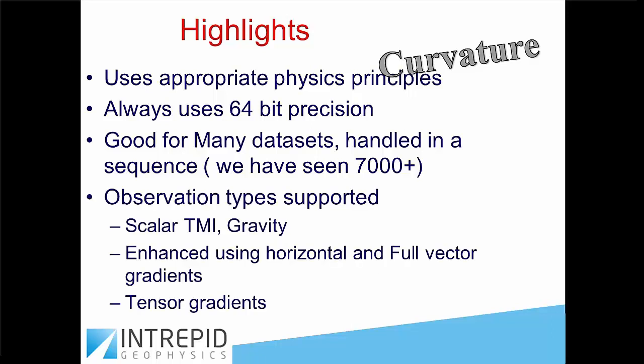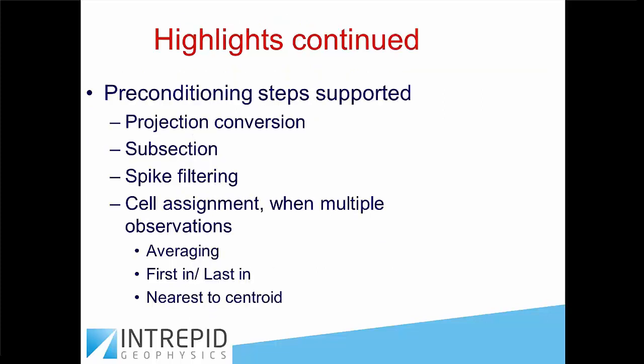The types of observations that can be put into the tool are the standard scalars of TMI and gravity, as I've mentioned, and we can make use of enhanced representation of the scalar field by also honouring gradients, both horizontal gradients, full vector gradients in the 3 dimensions, and tensor gradients if you're lucky enough to have those as well.